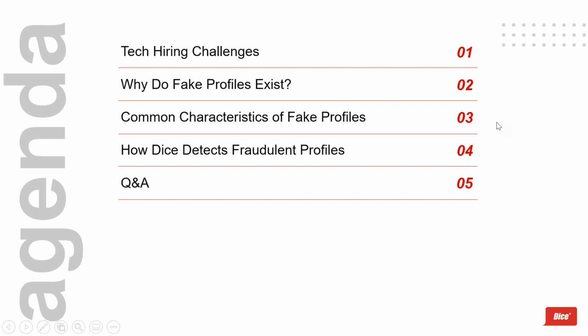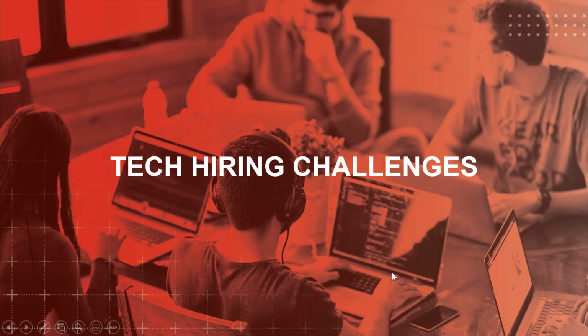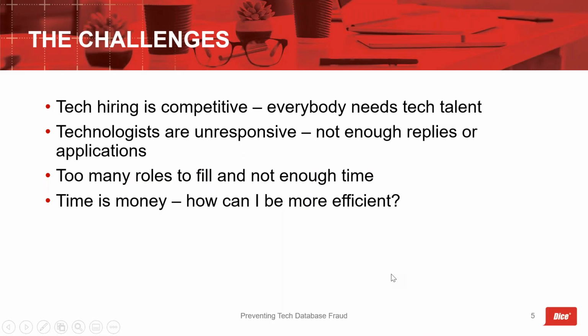That last section will also include some of our results in tech database fraud prevention. Then, as I said, we'll leave the last 10 minutes or so for a Q&A session. So we'll get started now with tech hiring challenges.